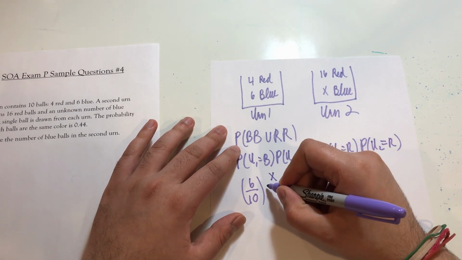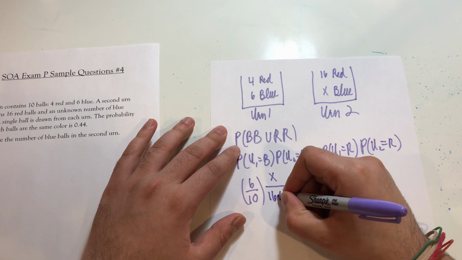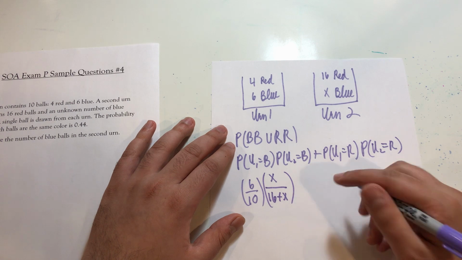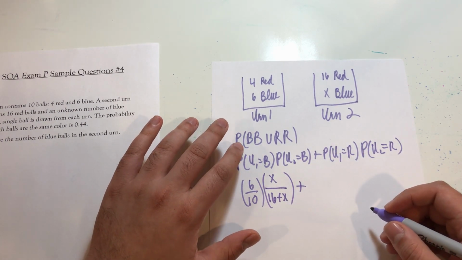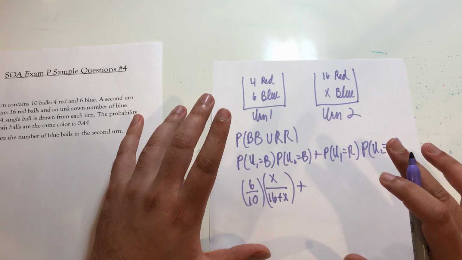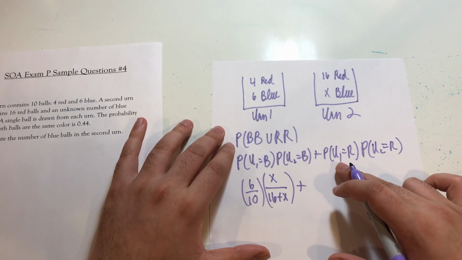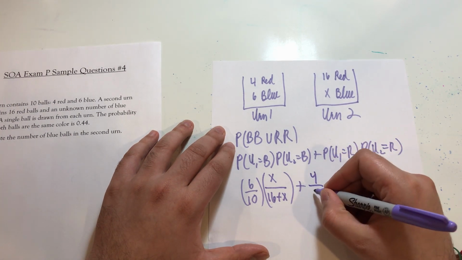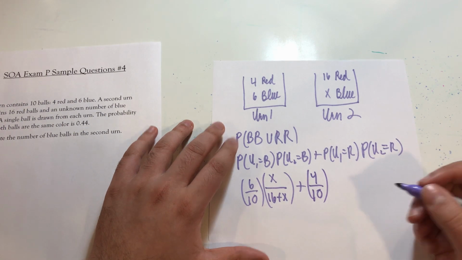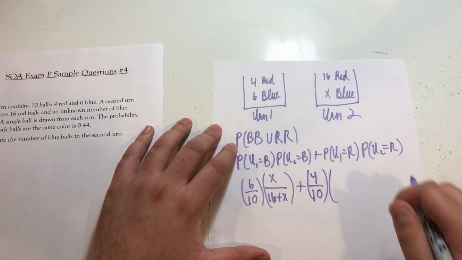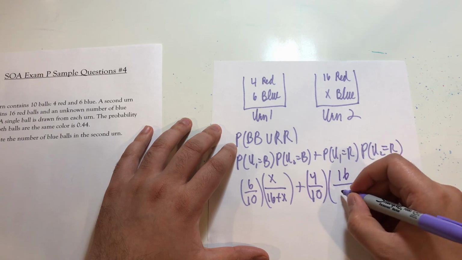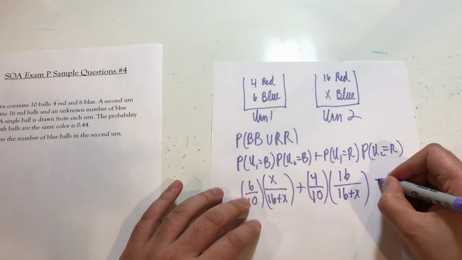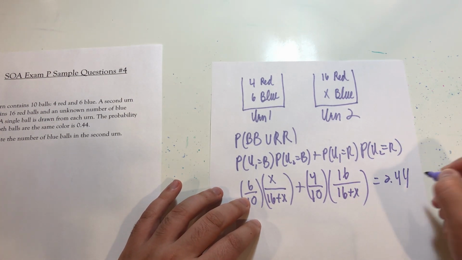Well, that's X over a total of 16 plus X. Plus the probability of getting a red ball from urn 1, that's going to be 4 possibilities over a total of 10 possible outcomes, times a red from urn 2. That's going to be 16 out of a total of 16 plus X, right? And that's supposed to all equal 0.44.